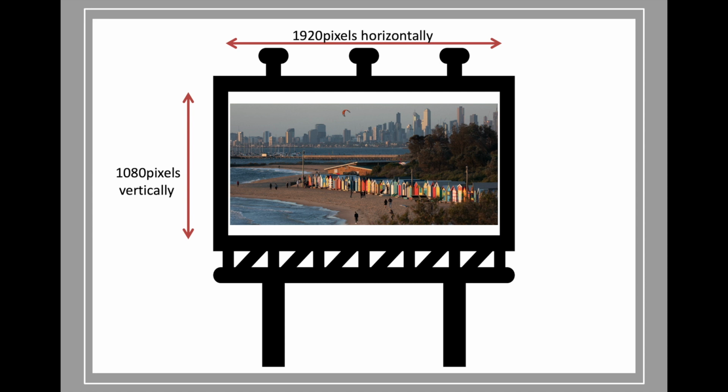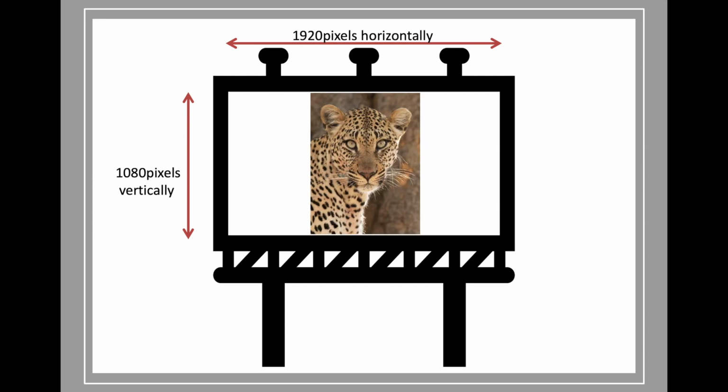This is even more significant in a vertical image. The vertical height is still restricted to 1080 high, as this is the maximum height of the projection or screen, and thus vertical images will have a smaller file.